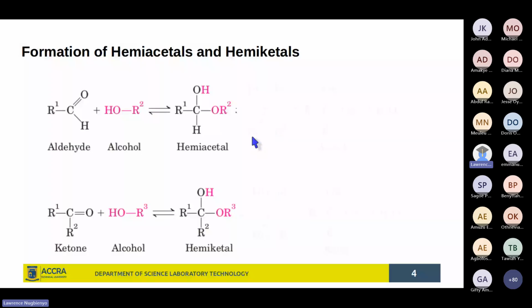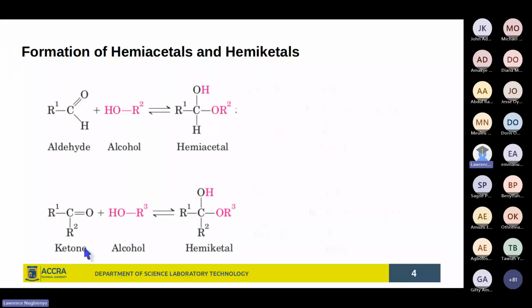When we continue later to look at the formation of glycosidic bonds between the monosaccharides, then we will reveal that part of the reaction to understand the formation of the glycosidic bonds between the monosaccharides to form oligosaccharides and polysaccharides. So this is the reaction that we're talking about, the formation of hemiacetal.